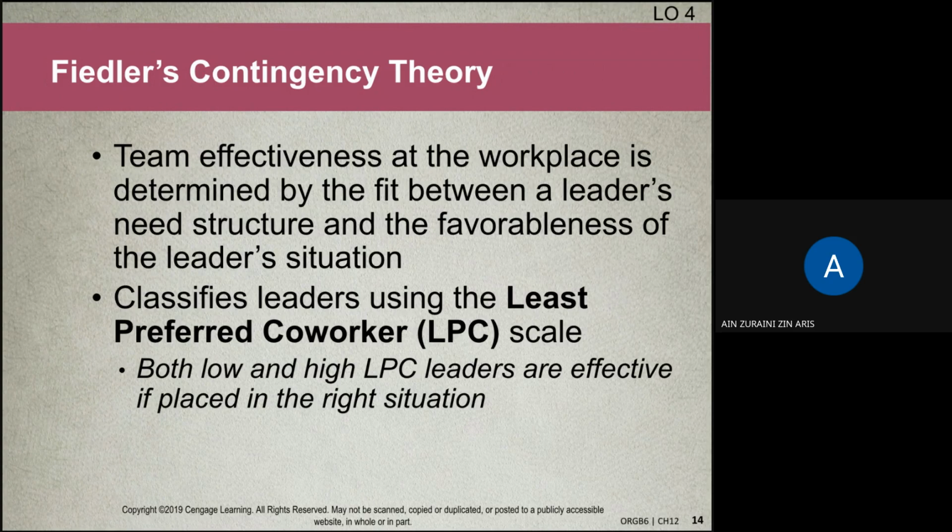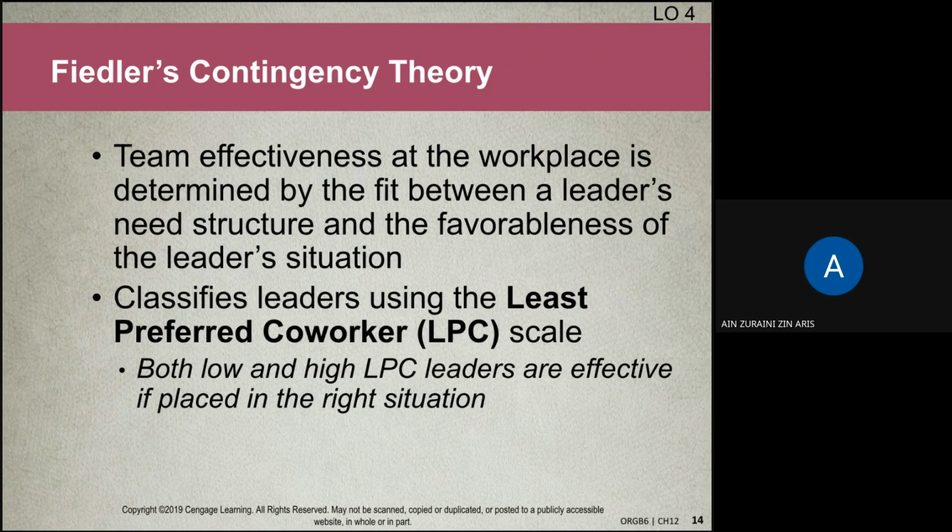Okay, so what about the situation? Okay, so this will be explained in detail later on, but let me explain a bit about this in relation to the situation. Fiedler identified three key factors that can determine how favorable a situation is for a leader.